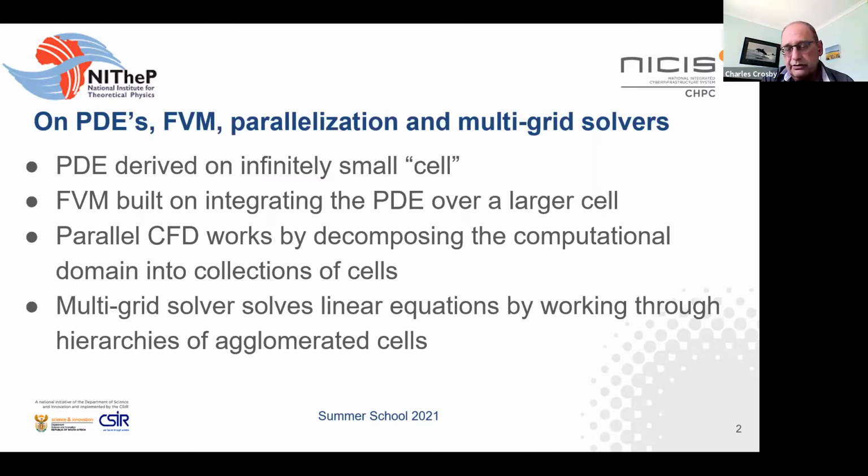A multi-grid solver, which is something you use to actually solve the linear system of equations, solves them by working through a hierarchy of agglomerated cells. In other words, you group a bunch of cells together, put the values together, solve that, and then break it up into smaller bits and pieces to do each of them individually and bring them back together again. So you're going up and down this hierarchy of cells.